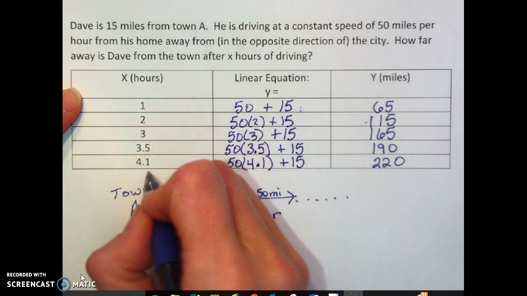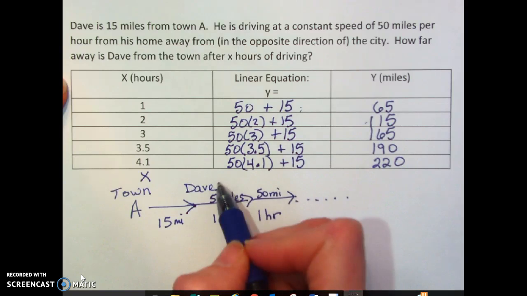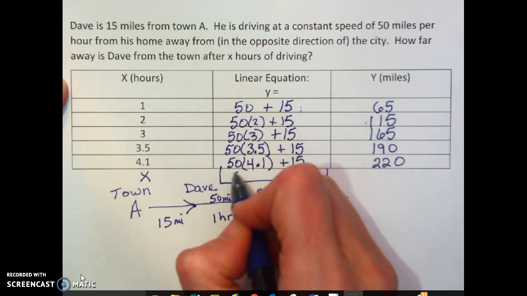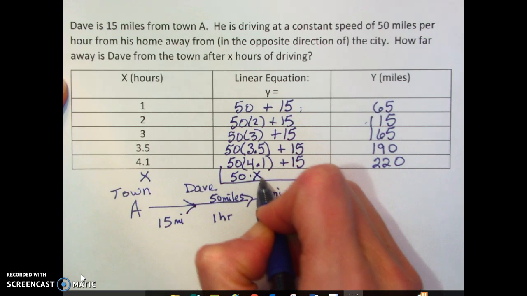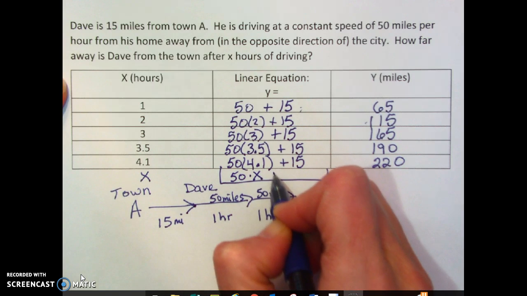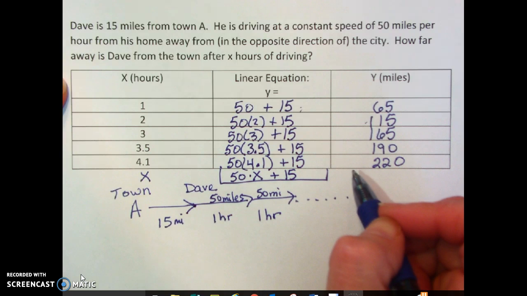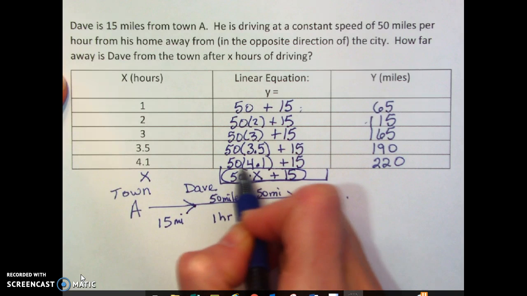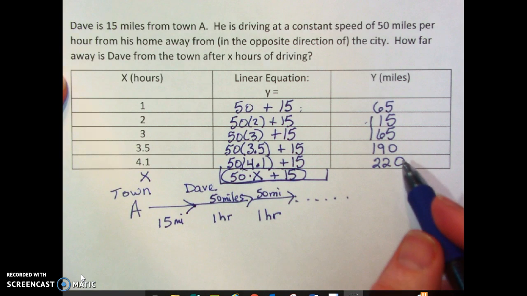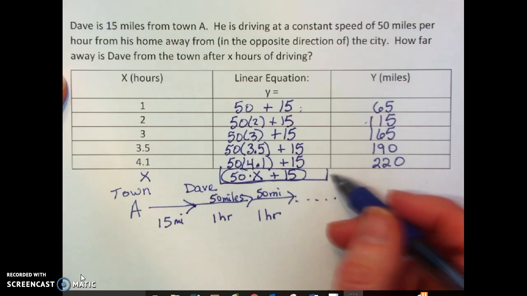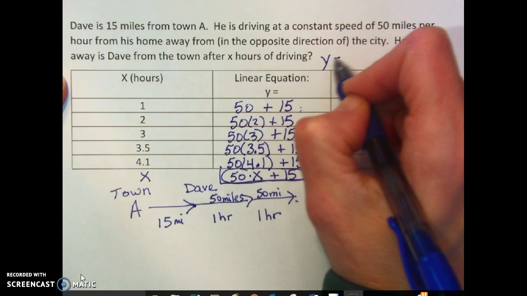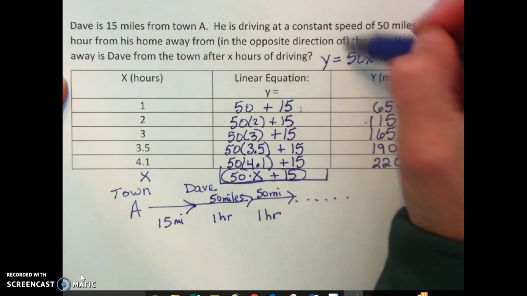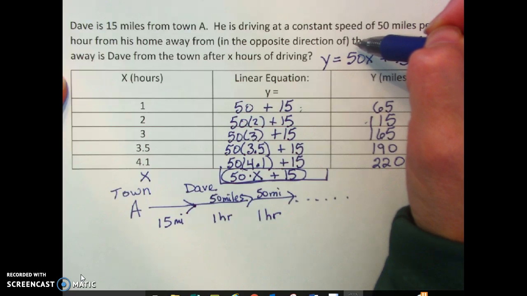So if we have an X here, what could I write as the formula here? Well, we're taking 50 times the X, the number of hours he drove, plus the 15 miles that he's already away from the town. So this right here is a formula we could use for any number of hours that he drives. Okay, so y equals 50x plus 15. Notice the 50 is the speed that he's driving.